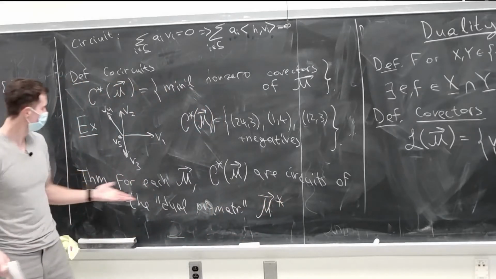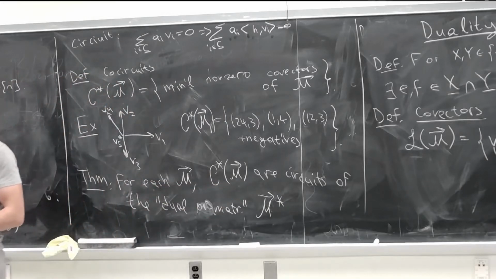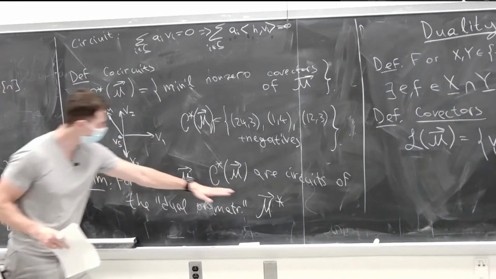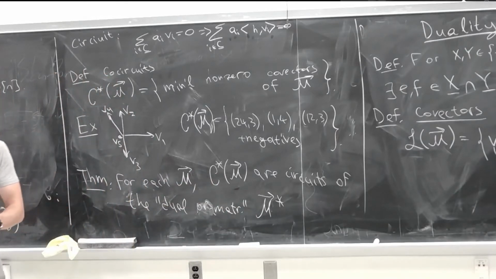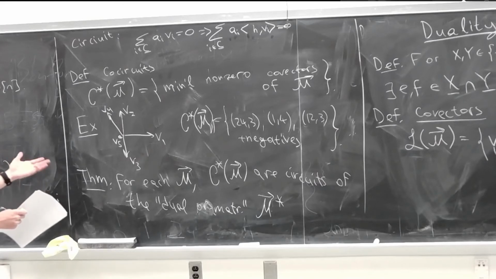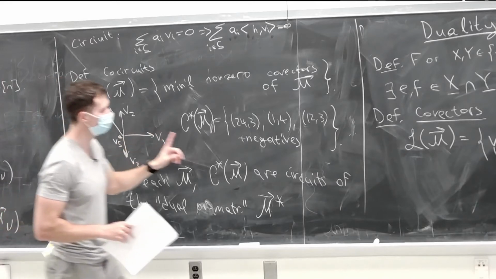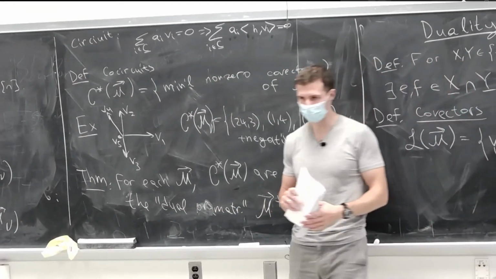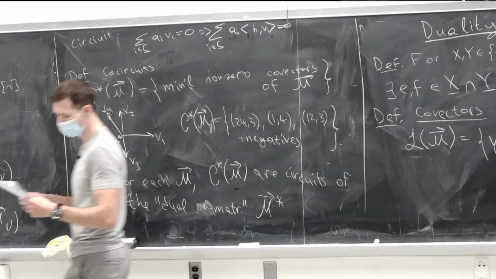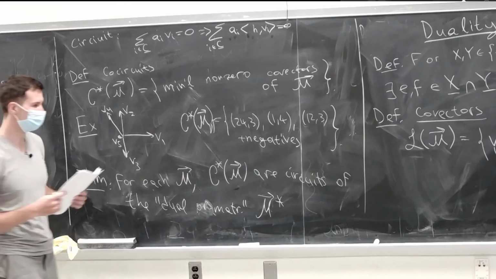So this theorem tells you that cocircuits satisfy the circuit axioms. These are just circuits for some dual oriented matroid. That's the claim. Just to reiterate, you take your original circuits, and then you look at all minimal vectors which are orthogonal to all your circuits. These are going to be the dual ones. I'm out of time, so I'll see you all on Friday, which is going to be the last lecture.